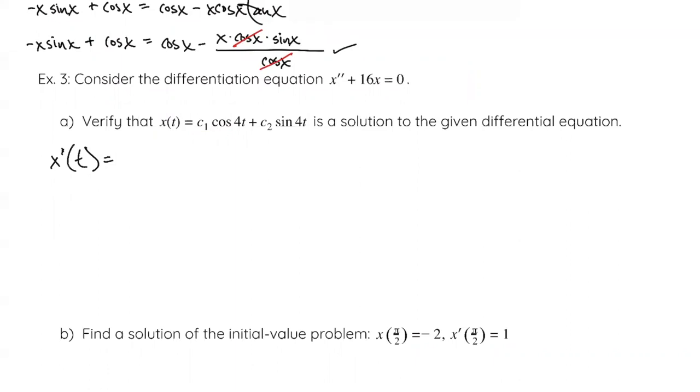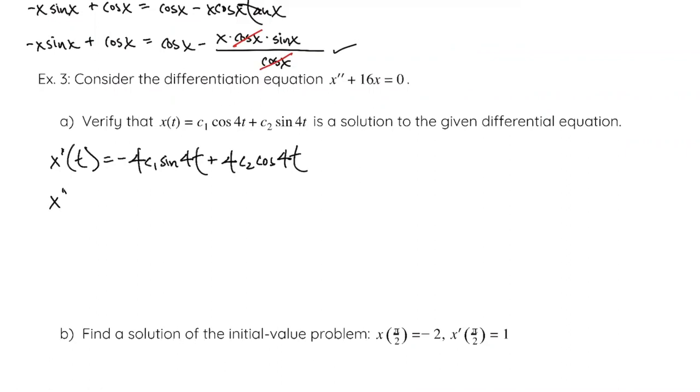Yeah, now we're going to need chain rule. So when we take this first derivative, we'll end up with negative 4 C1 sine 4t. And when we take the derivative of the second term, we'll get plus 4 C2 cos 4t. Okay, that's our first derivative.